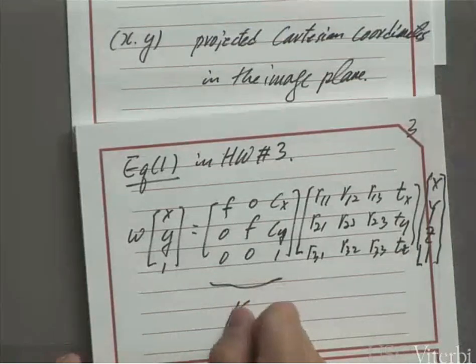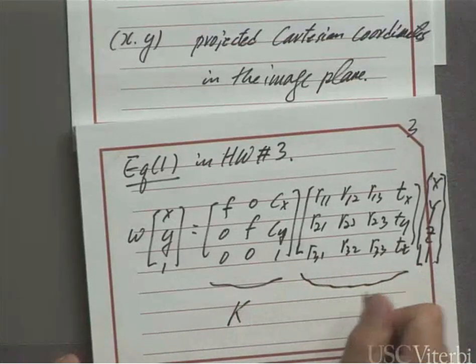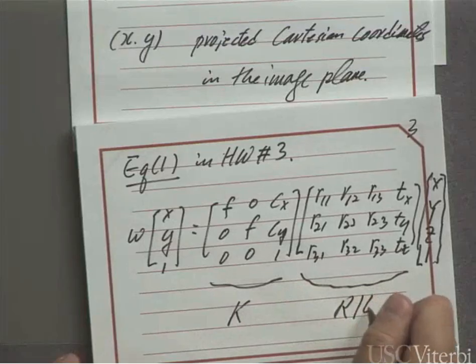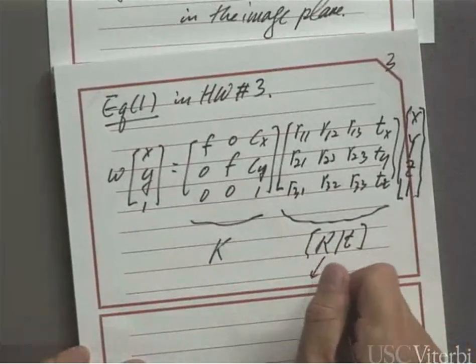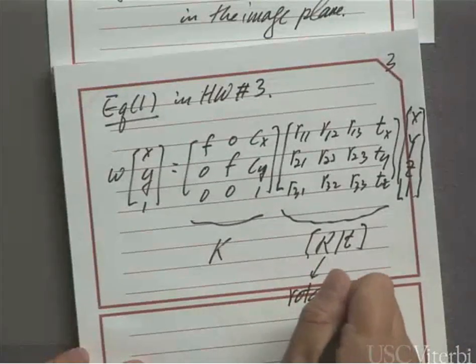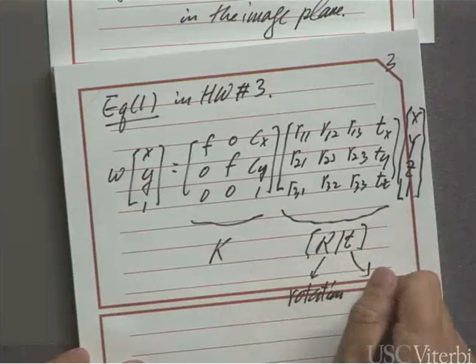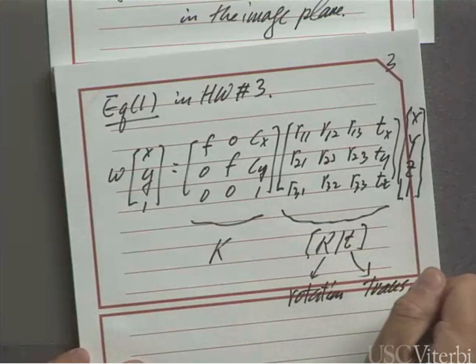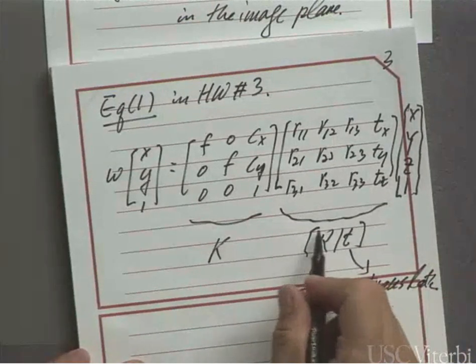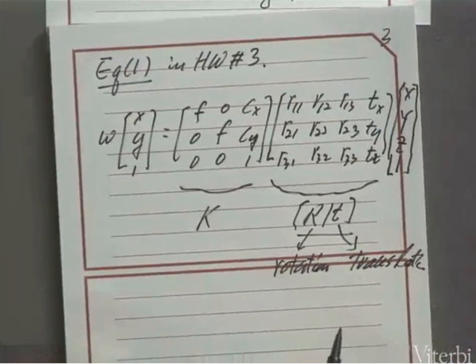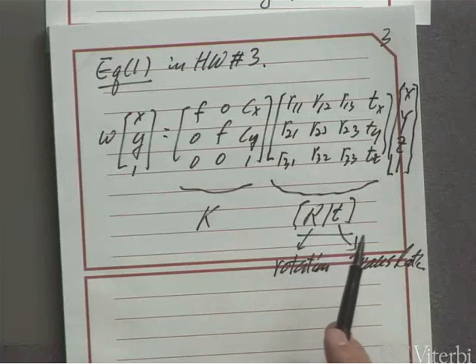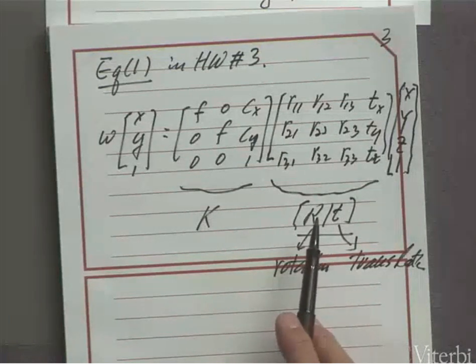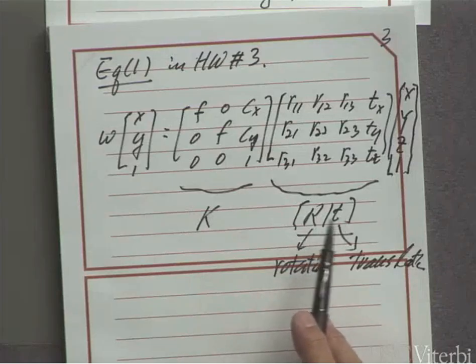We denote this by K, this by R and the T. R is a rotation, T is a translation, and we put them together with this kind of weird notation, but basically it's one matrix, a 3 by 4 matrix, considering rotation and translation.